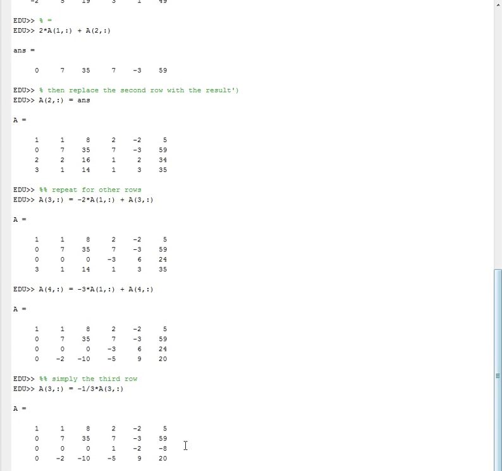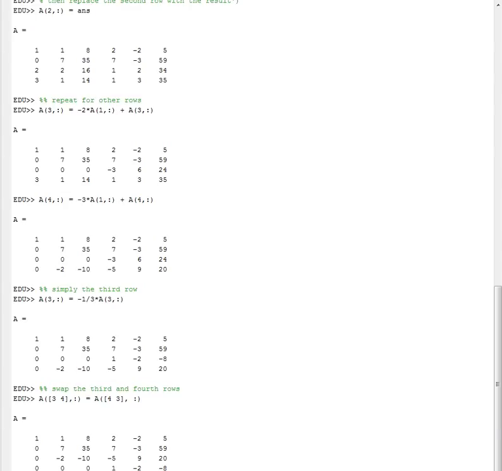Another thing I notice is that because this third row has a lot of leading zeros, entries with 0 to the left, I'm going to move it down a little bit because I'm guessing that in the end, when I finish my reduced echelon form, this row is likely to be on the bottom, and this row is likely to be above it since this has non-zero entries, where this row has 0 entries.